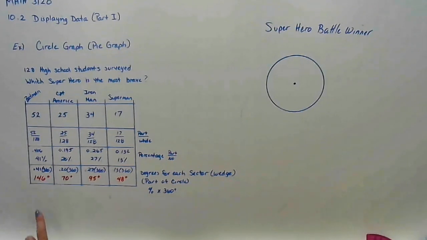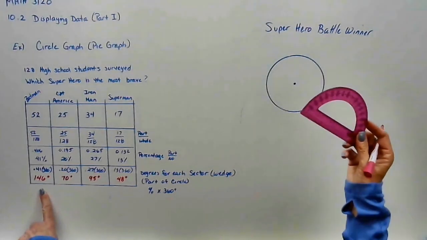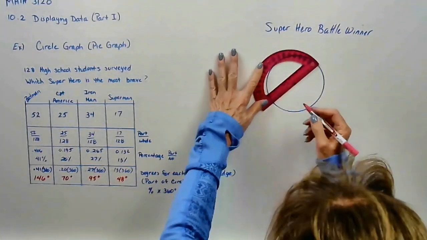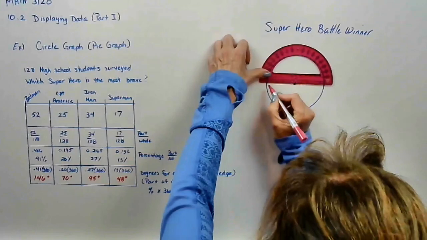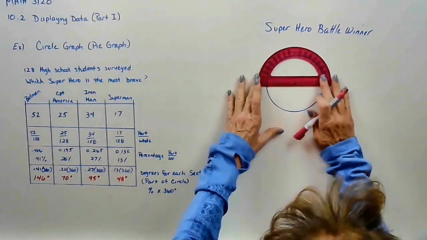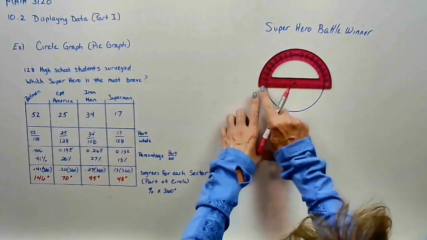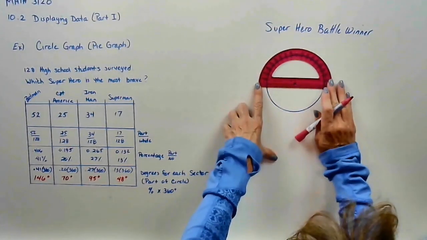So I'm going to start at the beginning. I'm going to start with a 146 degree angle. Doesn't matter where you start. I'm going to choose to start, actually to show you guys, at my center. That's going to be the vertex. So I'm going to line up the 0 degree line of my protractor right at that center.